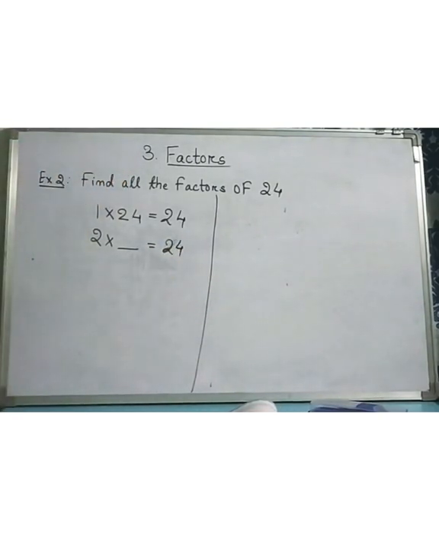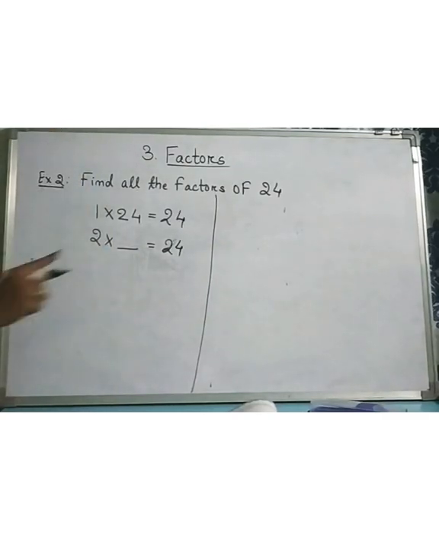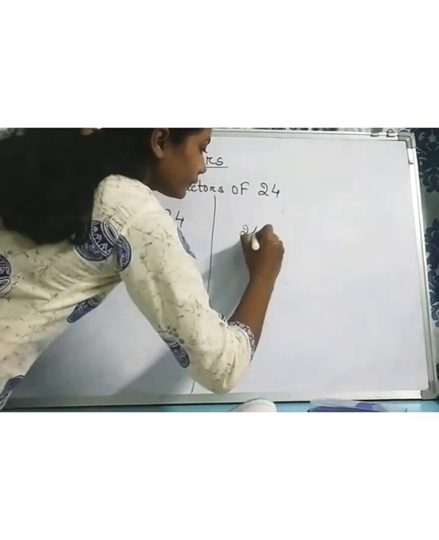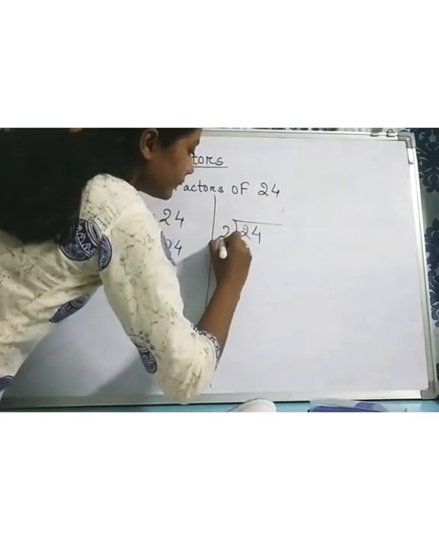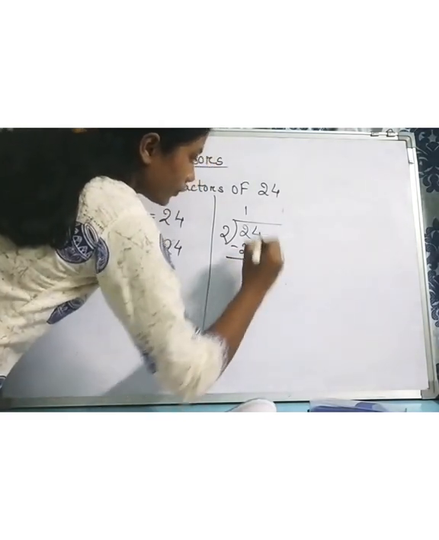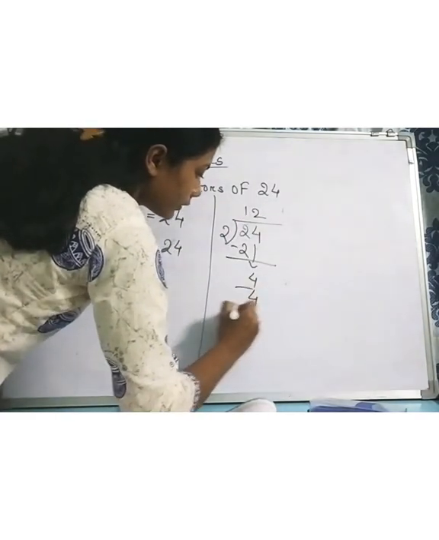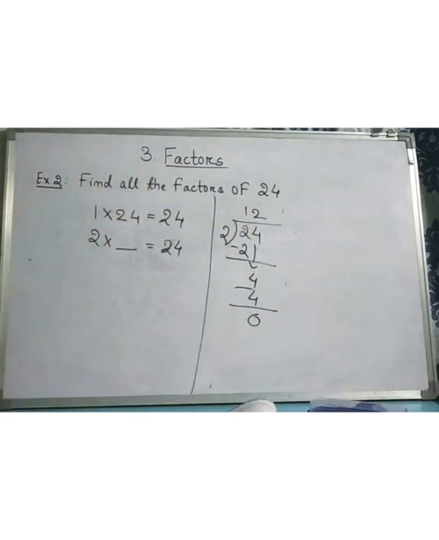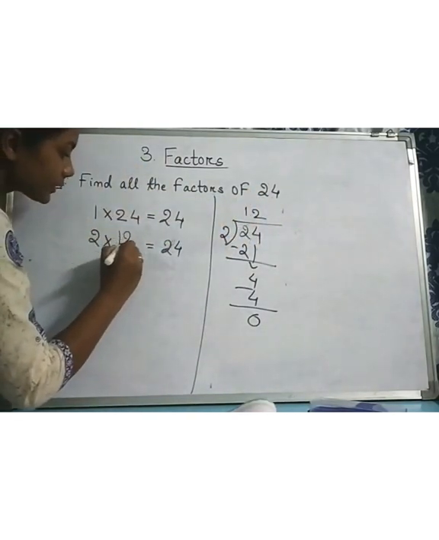Let us see whether 24 is divisible by 2. 24 divided by 2: 2 ones are 2, 2 twos are 4. So the remainder is 0. That means 2 into 12 is 24. So here we will write 12.